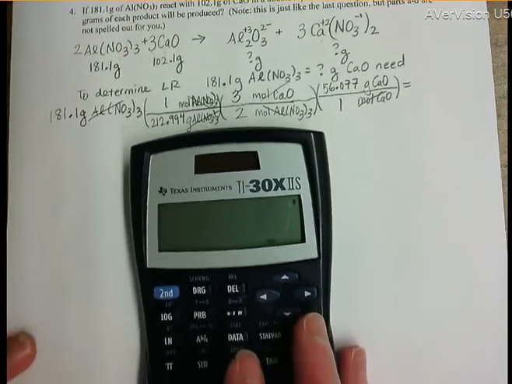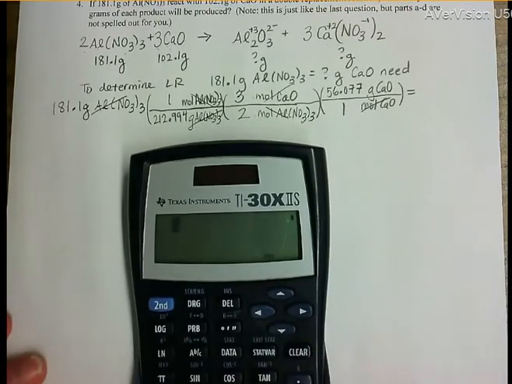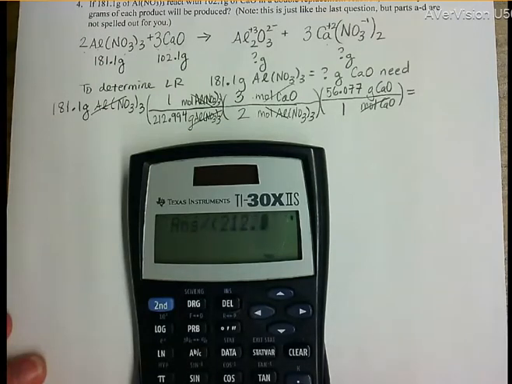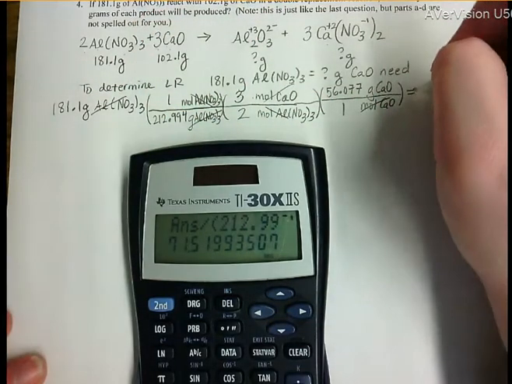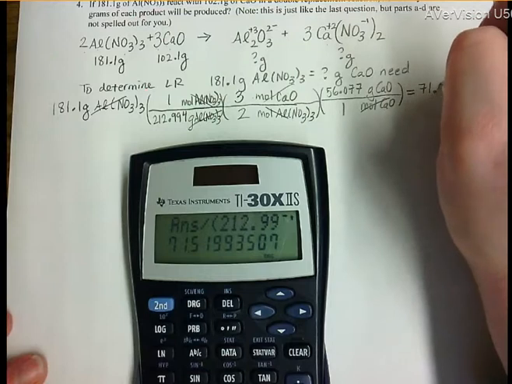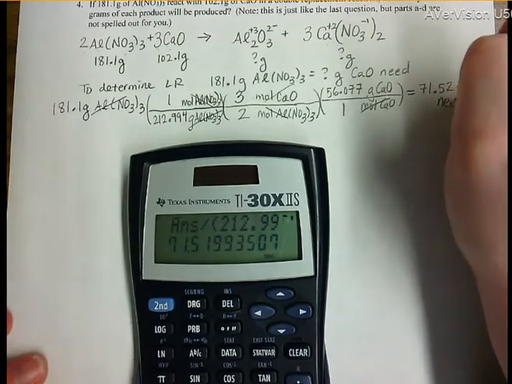So now I'm ready to do the calculation. I'm going to take 181.1 times 3 times the 56.077. I'm going to divide that answer by the 212.994 times 2, so I put it in parentheses. I want 4 significant figures, so 71.52 grams of calcium oxide I need.